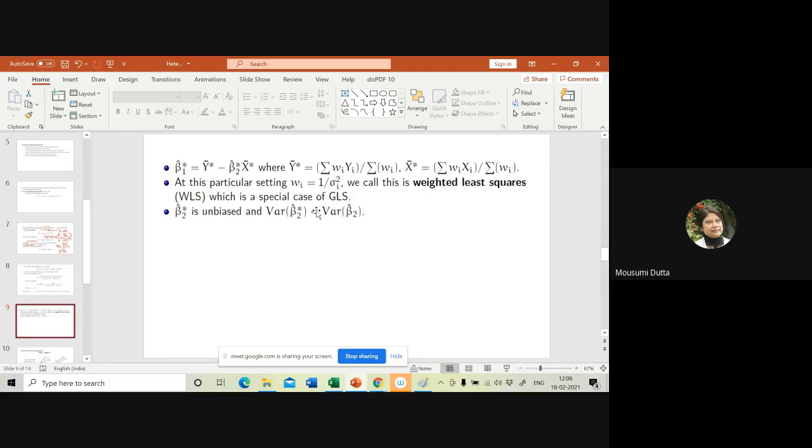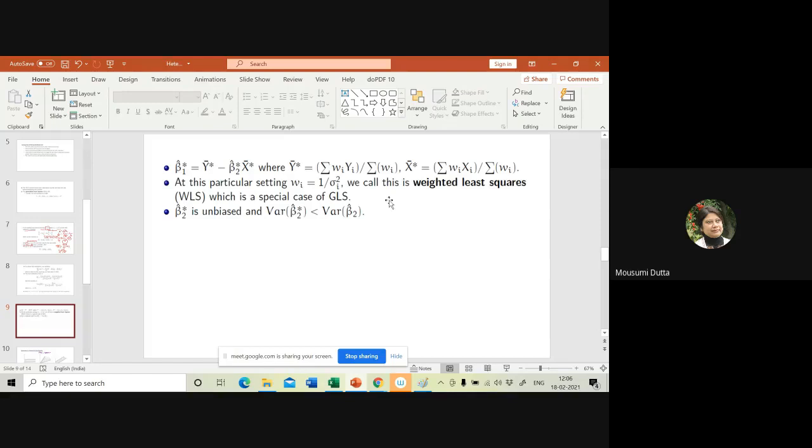At this particular setting, Wi, which is equal to 1 upon sigma I square, is called the weighted least square, WLS, which is a special case of GLS.